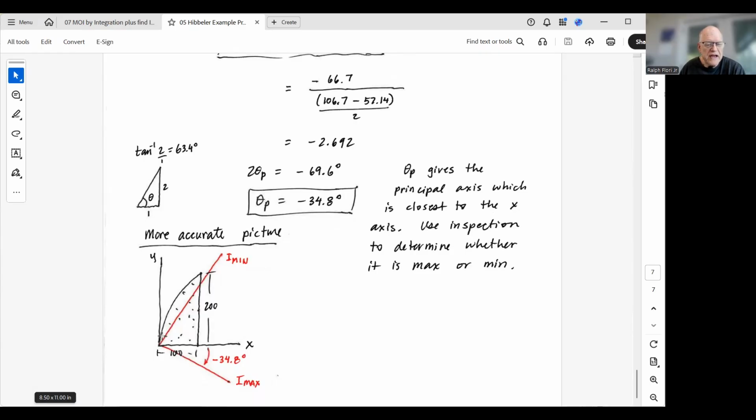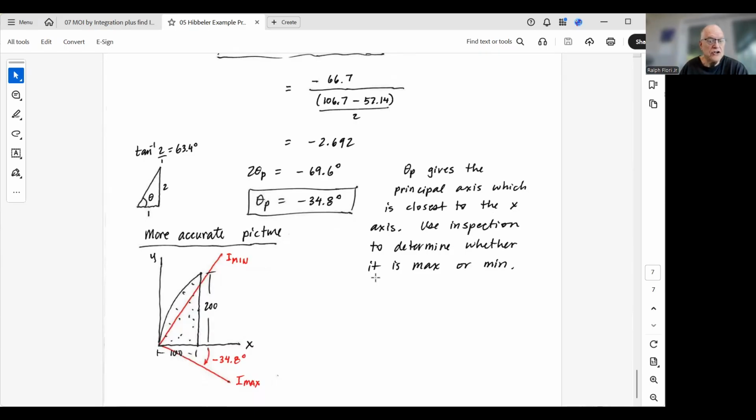It's pretty easy. Again, when we get to Mohr's circle, or if we get to the transformation equations, you can plug this angle into the transformation equations to show you whether it's Imin or Imax, or you can use Mohr's circle at this angle to see clearly that you're at an Imax or Imin.